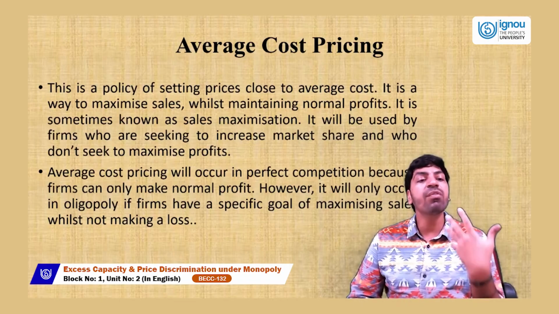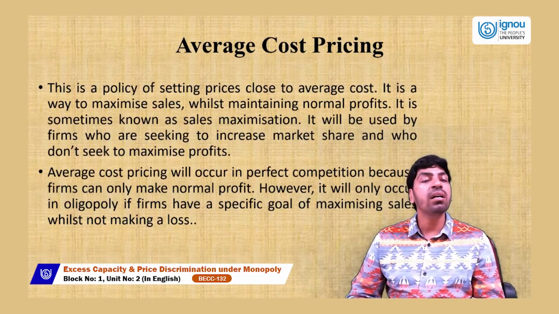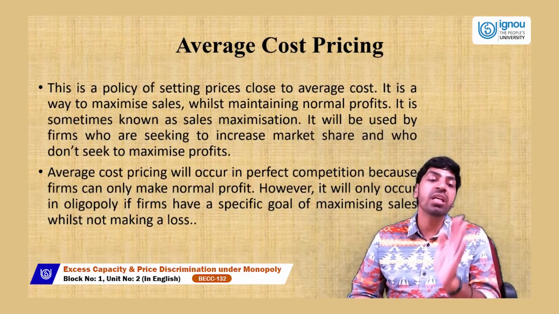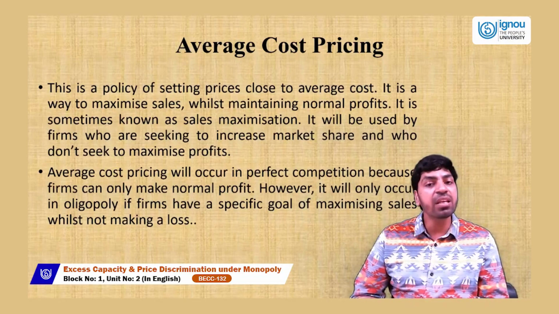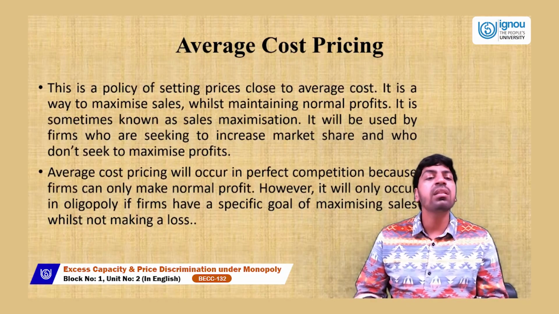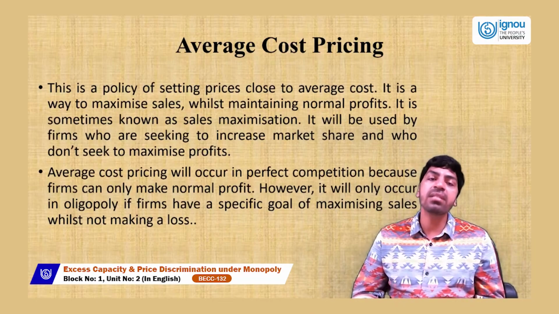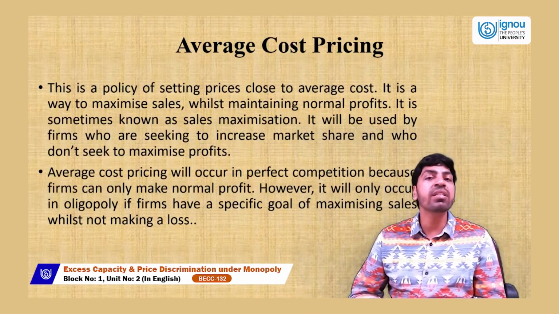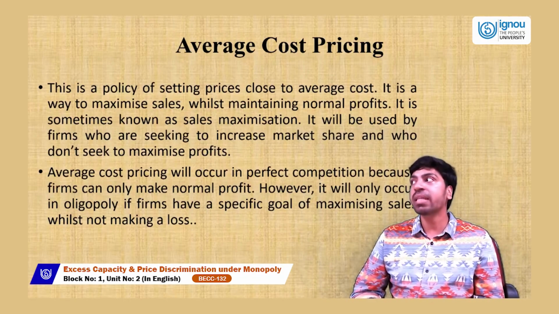Their main focus is to capture market share, which doesn't mean achieving the maximum profit. If the market share increases, then automatically the normal profits will also increase, and that is the major focus of average cost pricing, called sales maximization.